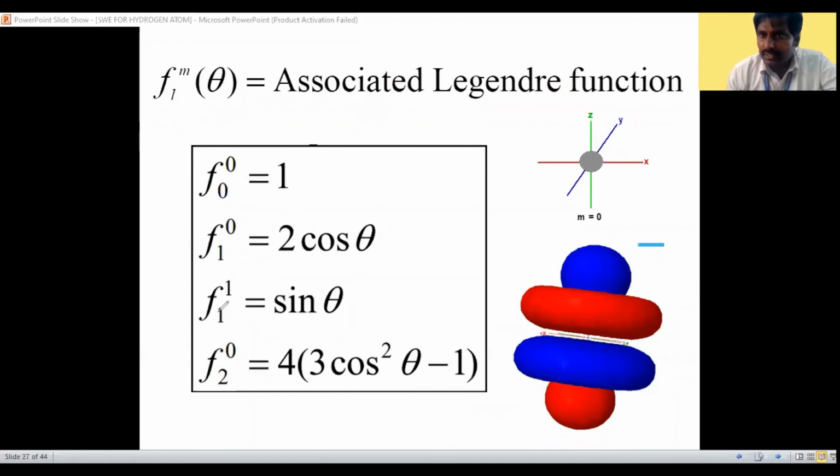And L is equal to 1 and M is equal to 1, that is the p orbital. And L is equal to 2 means d orbital, and this is the dz square orbital. The visual representation of dz square is this, and this is a p orbital. You see, only cos theta is deciding the shape of a p orbital.